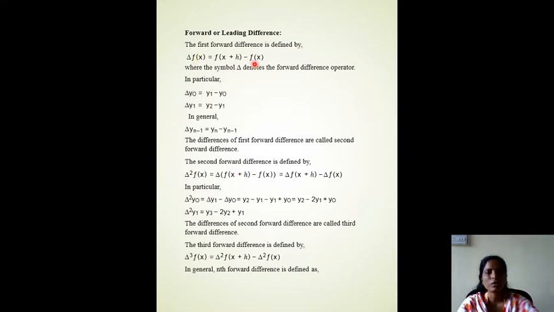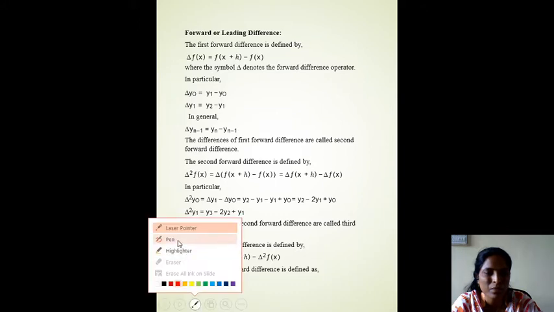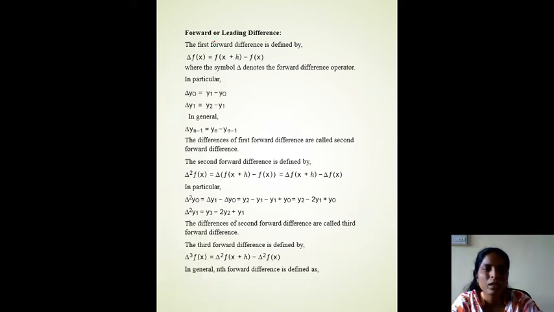The first forward difference is denoted by this operator delta, and it is defined as delta f of x is f of x plus h minus f of x, where delta denotes the difference operator, forward difference operator.